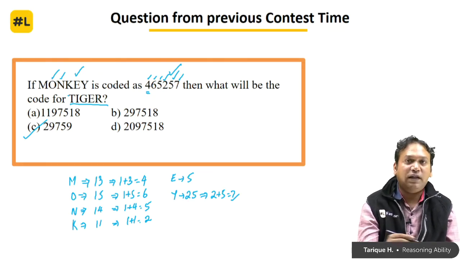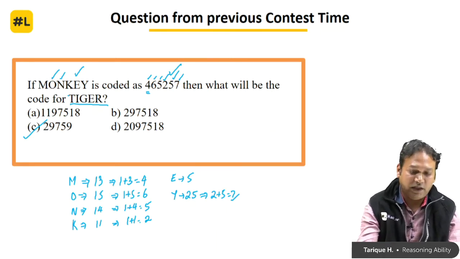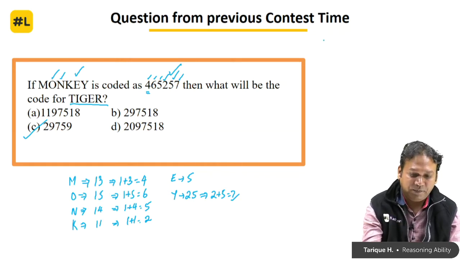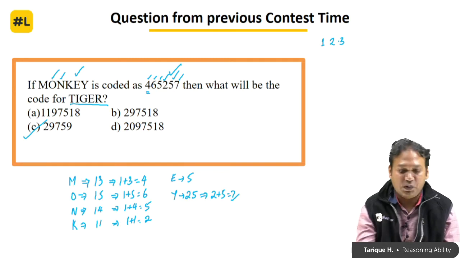Now, another way of looking at the same question, maybe you can understand this also, this is the cyclical letters approach. So we should know the cyclical approach of letters. Maybe in some other question this could be used, okay.